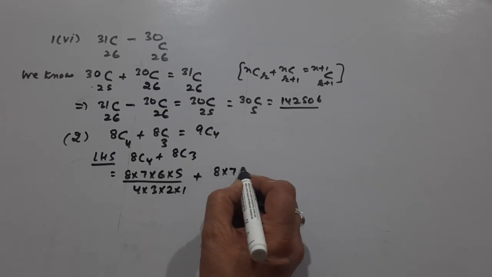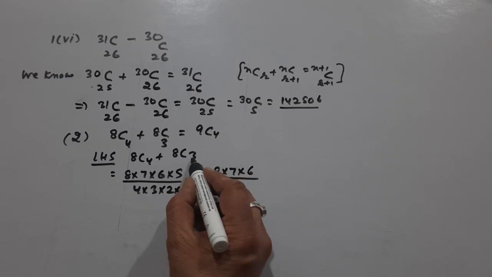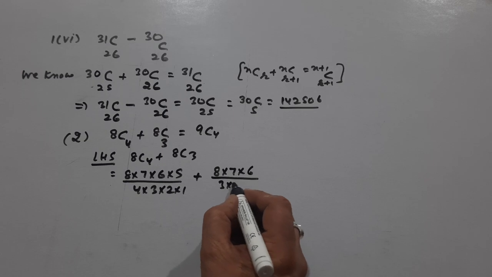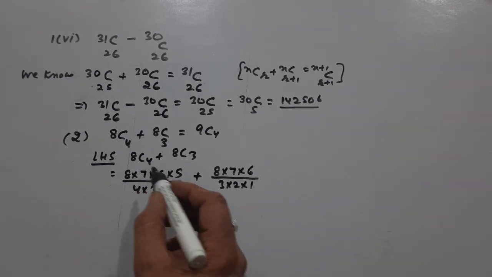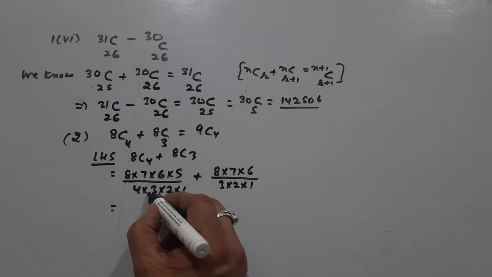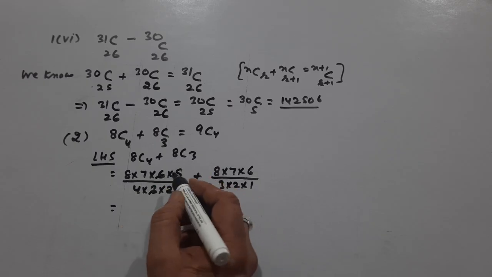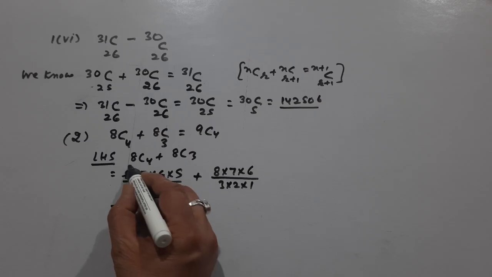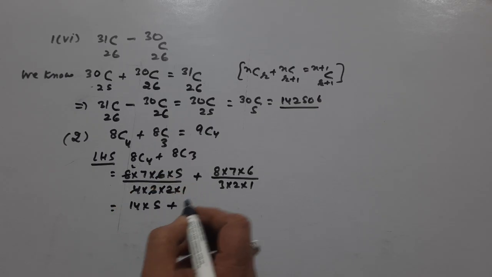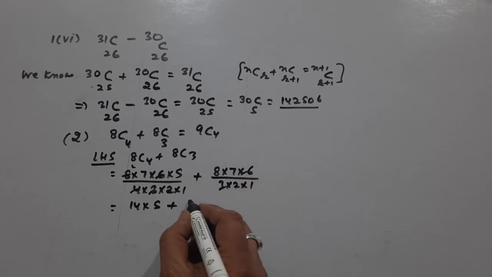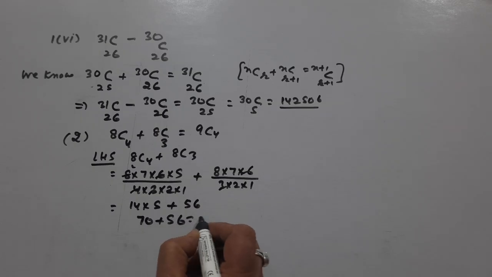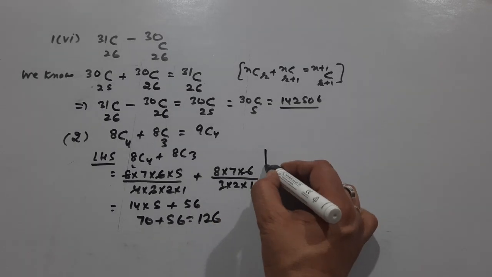For 8C3, because here we have 3, we write 3 terms, 8, 7, 6, upon 3 into 2 into 1. On solving, we get 14 into 5 plus 56. So 70 plus 56 is equal to 126. This is the left side.